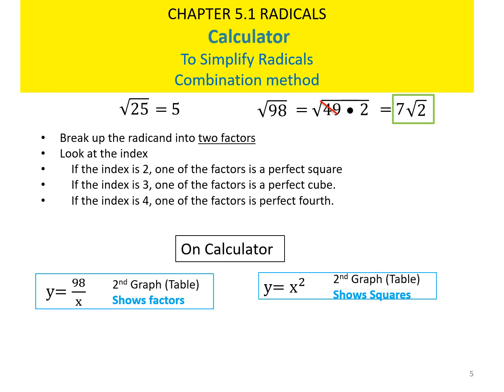Why squared? Because the index is 2. If you were looking for cubes, you would raise that x to the third power. Then you're going to press the second key and the graph key to give you tables. You're going to get a table that shows you all the factors, and a table that shows you all the squares.